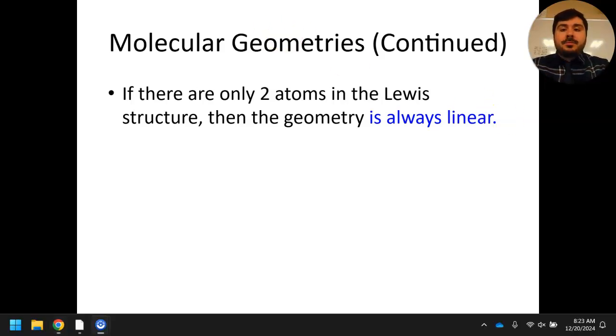So, for example, let's think of some examples we've done recently where there's only been 2 atoms in the structure, something like O2, or N2, or something even as simple as CO. These are 3 examples of covalent molecules that only have 2 atoms in their Lewis structure: 2 atoms of oxygen, 2 atoms of nitrogen, 1 atom of carbon and 1 atom of oxygen combining for 2. So if there's only 2 atoms, they always come out as what is known as linear, okay?